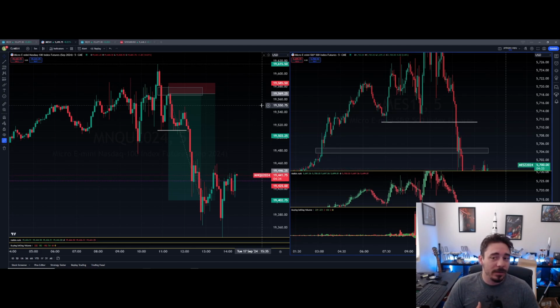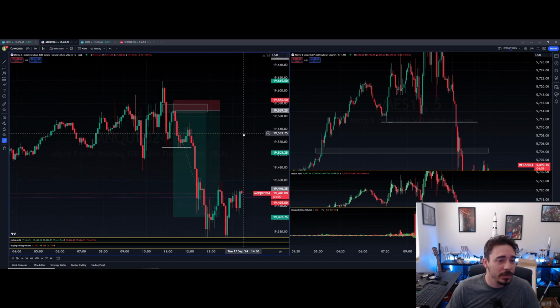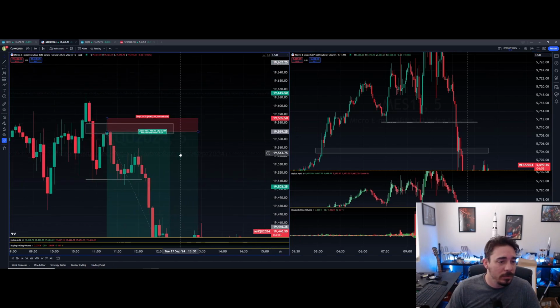However, I have the knowledge of other models, of course, and when one presents itself that is super clear and is real easy to read, then I'm going to look at taking it as long as I have confluences that it's going to work out. So I took the trade on MNQ. It was 2 micro contracts, and let's zoom in and talk about it.